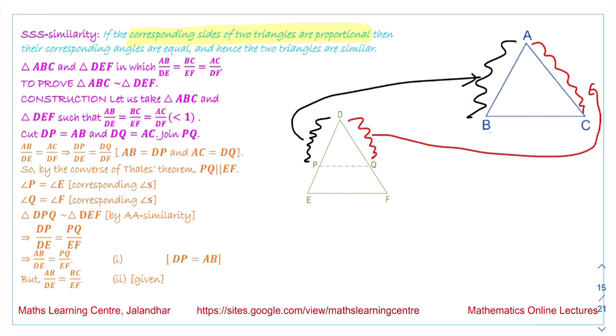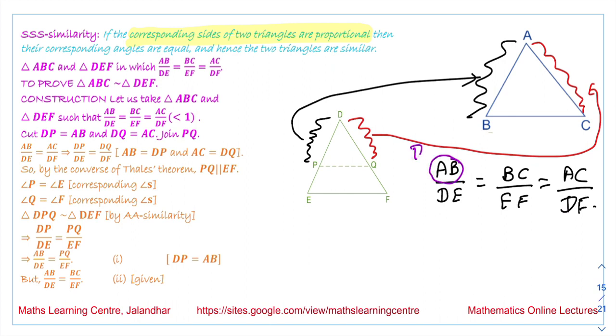The condition that is given to us is that AB over DE is equal to BC over EF, which is equal to AC over DF. Now in place of AB we can write DP, in place of AC we can write DQ. So if we look at these two values, DP over DE and DQ over DF, these two are equal.